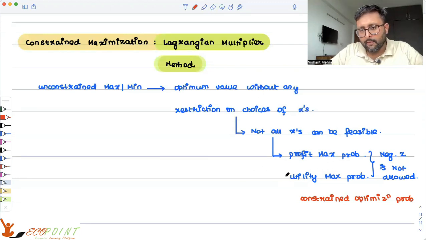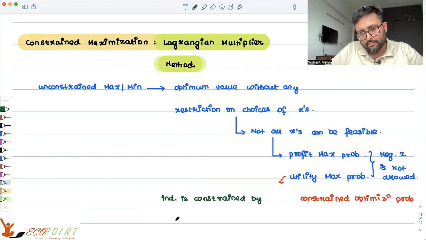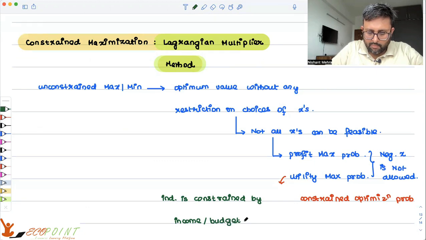So, for example, an individual is constrained by income or budget.